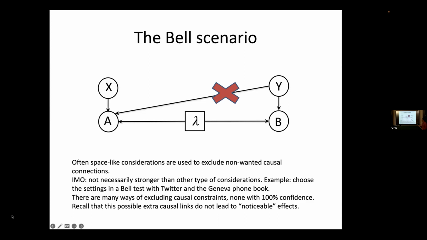If you want to define that this is space-like separated from that one, you have to define the moment in which the event starts and ends. Without this timing information, you cannot say that this is space-like separated from this. So you have to put in this starting point and end point, which I think is debatable. I think there are other solutions that I find more satisfactory that do not require space-like considerations.